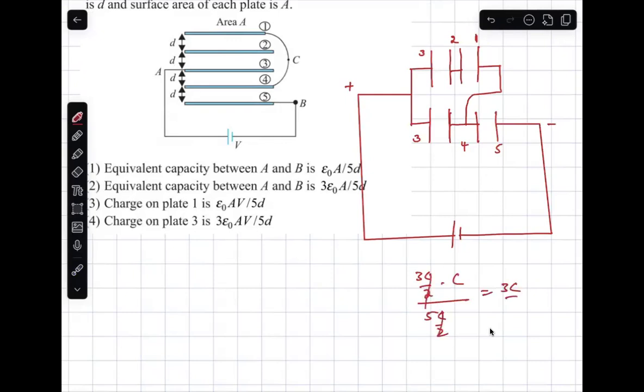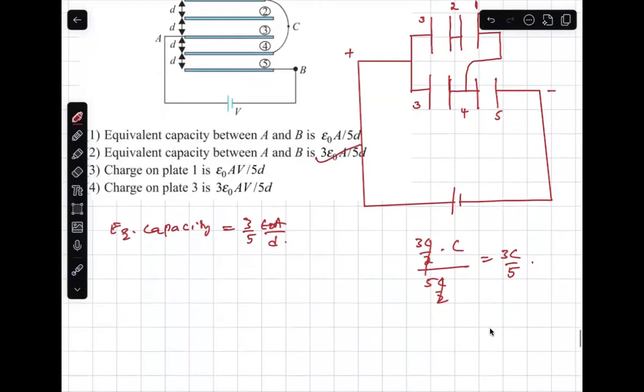This will become 3C by 5. So equivalent capacity is 3 by 5 times epsilon naught A by D. So B is correct. Right. Now charges. Simple.